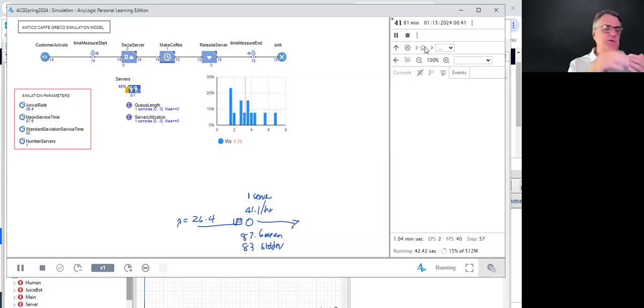So I'm getting 26.4 customers per hour, and so the way that I would compute how many hours I'm going to be able to simulate is, I will take the 50,000, that is my capacity limit for the simulation, and then divide it by the 26.4.